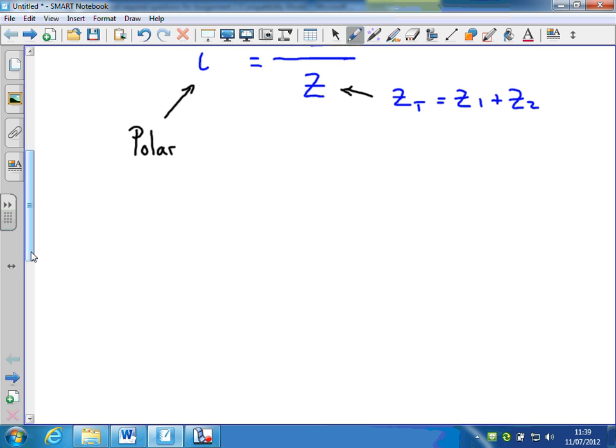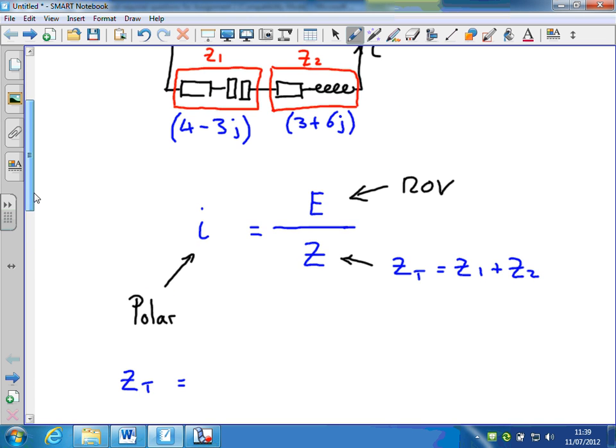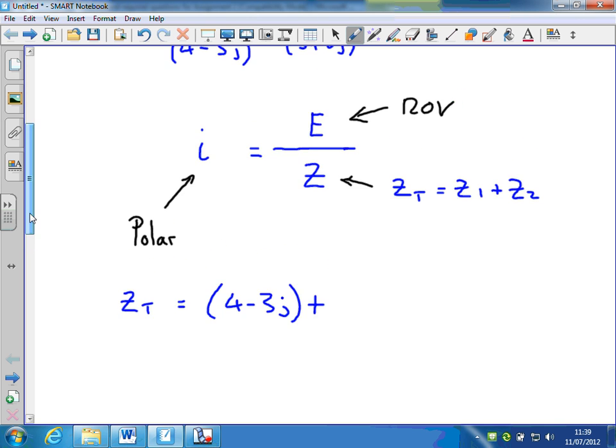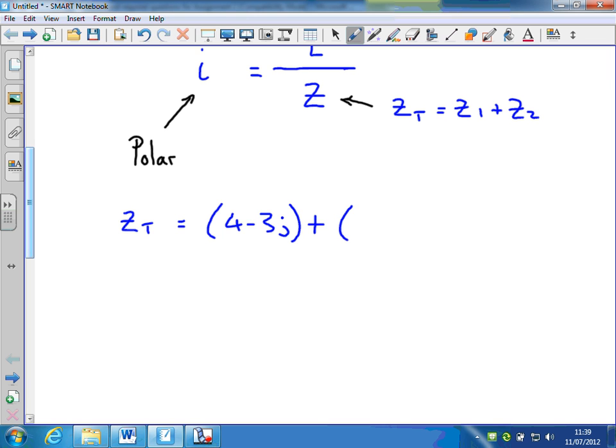So first step, find ZT. That equals Z1, which is 4 minus 3J, plus Z2, which is 3 plus 6J. As we're just adding them up, we add real and imaginary parts separately: 7 plus 3J.